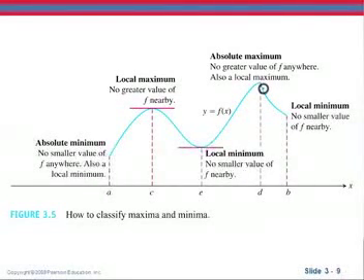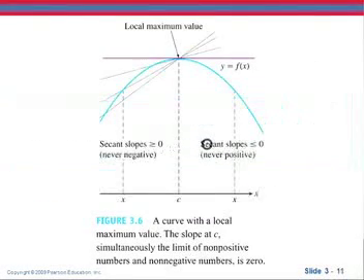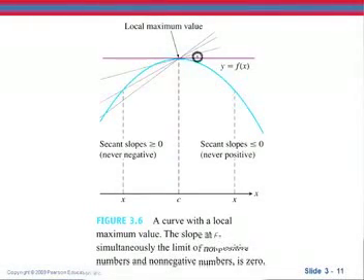Now here, remember, when you have a point, the slope is not defined there. There is no derivative when you have a point like this. But if you look at these two, the slope of our tangent lines are 0 at the local maximum and at the local minimum. Here's another example.